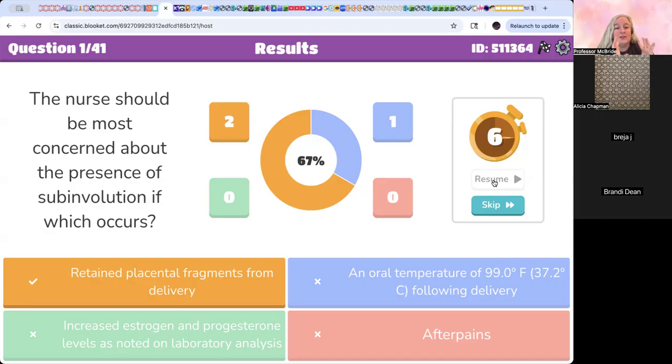So there's a lot of different things that go into this. You can see heavy bleeding, you can see return to rubra, you can see an enlarged uterus. Any of those things could be indications of subinvolution. And this is where we can have what's called the late postpartum hemorrhage. So that is concerning.